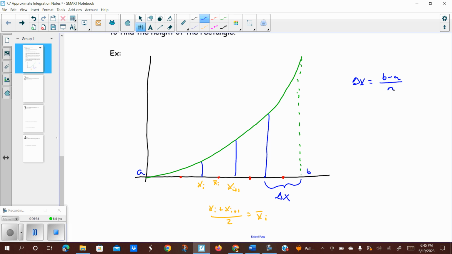How we actually find the midpoint is going to be, let's go with red, I guess, since we used that. We're going to extend from the red dot up to the function. And we're going to put a dot in the same place on the function that the red dot appeared horizontally on the bottom. We're going to do that in all these places. And basically, I'm going to create my rectangle now through that dot.